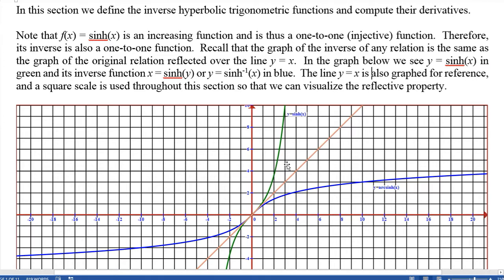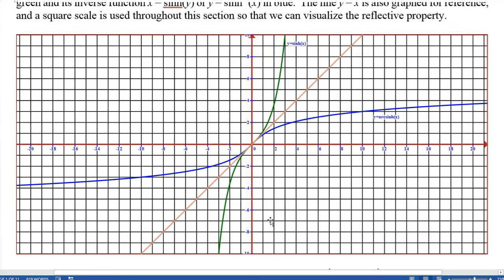Geometrically, any one-to-one relation has an inverse function, which you find by reflecting the original graph over the line y equals x. You can see here in the picture we have the graph of y equals sinh of x, the green graph, and the orange line is y equals x.